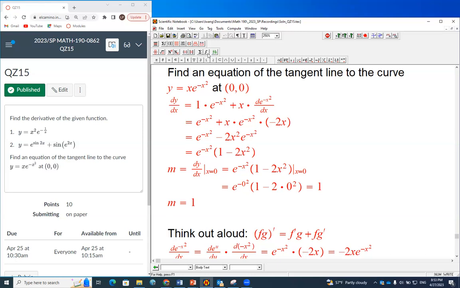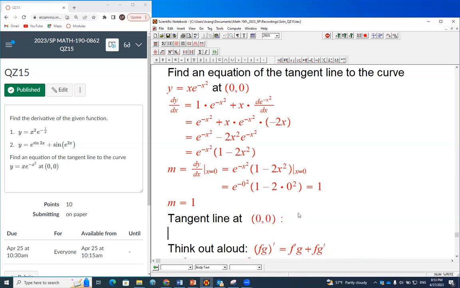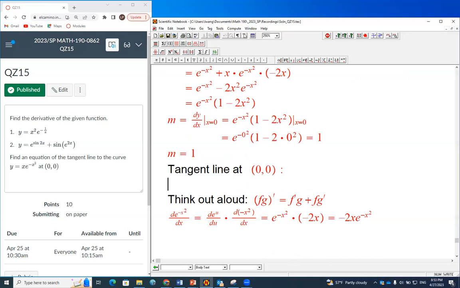And the line equation for the tangent line that passes the point, a tangent line at, then we're going to use the same language, at 0, 0 would be y minus 0 equals the slope multiplied by x minus 0, right?